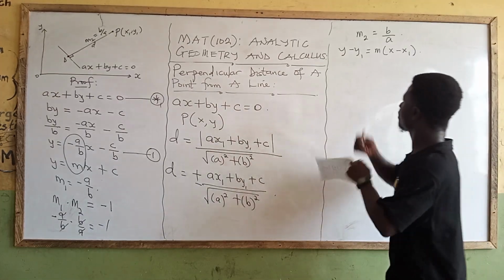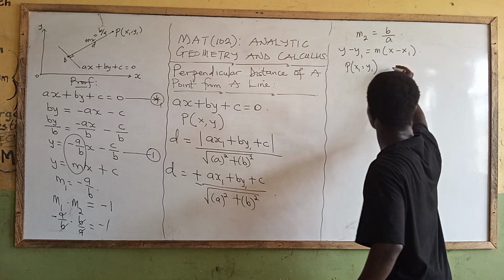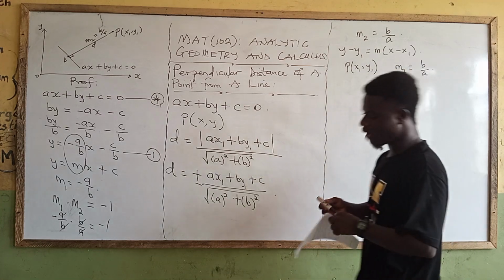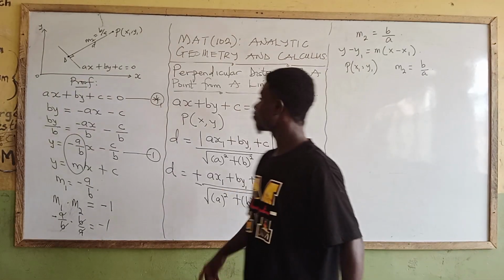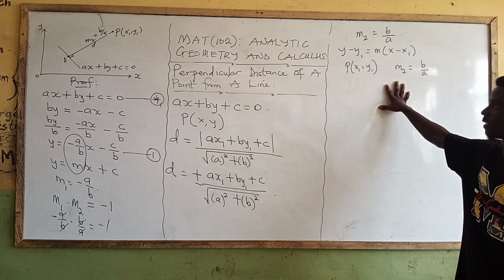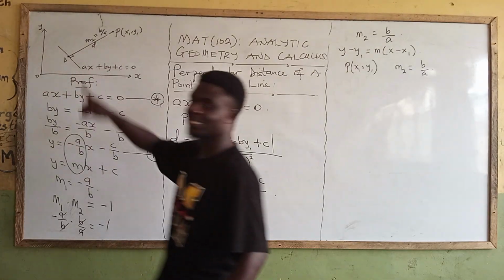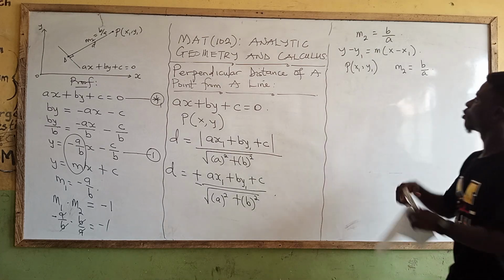The equation using this point P, (x1, y1), and the gradient, which is b over a. We are finding the equation of this line DP. So we have to use a point on the line and the slope, which is b over a. So now let's see.